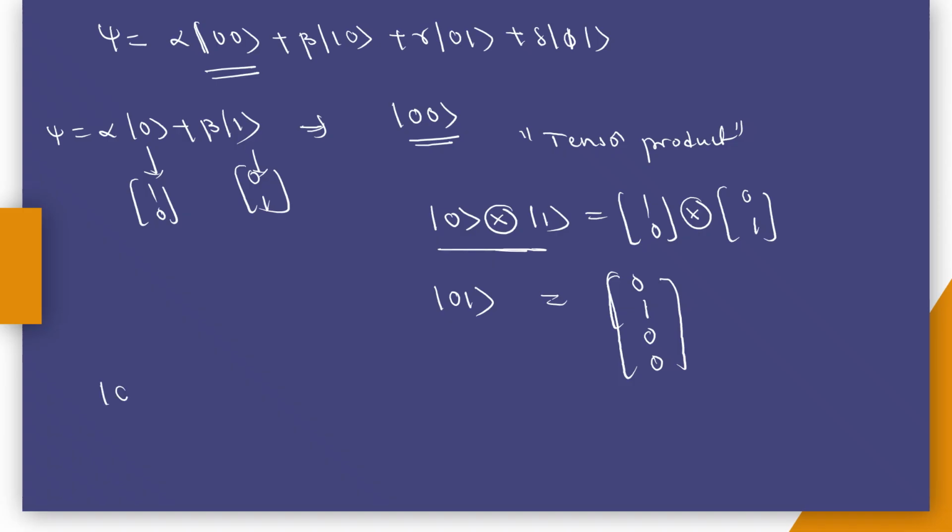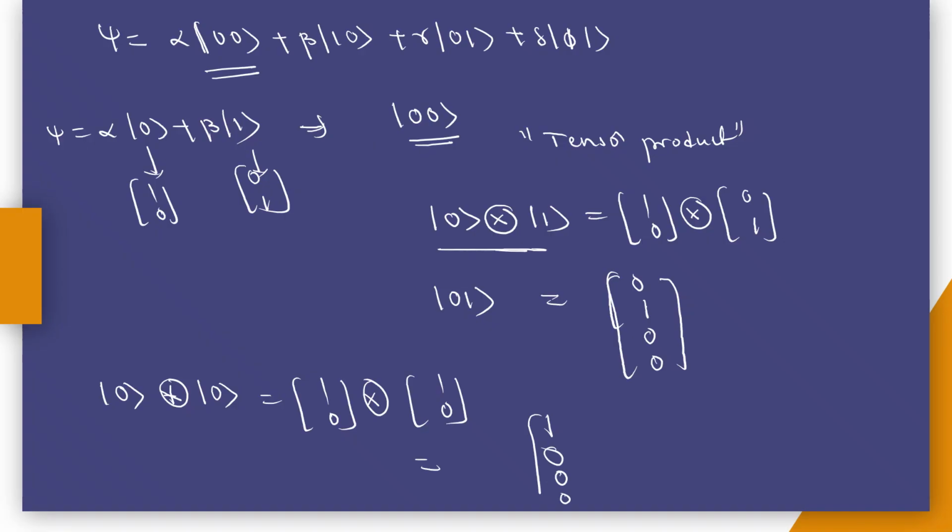Similarly, if you want to take 0 tensor product with another 0, we take it as 1 0 tensor 1 0, which gives 1 0 0 0. This is the representation.